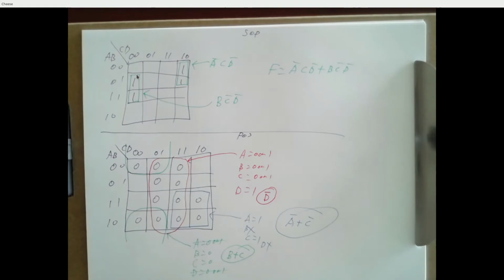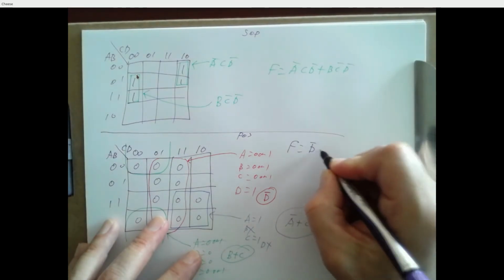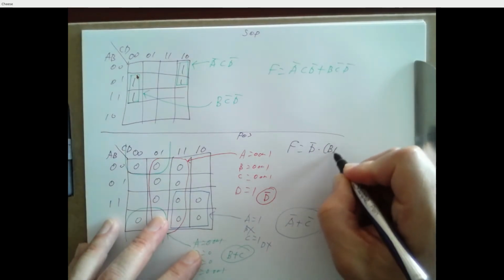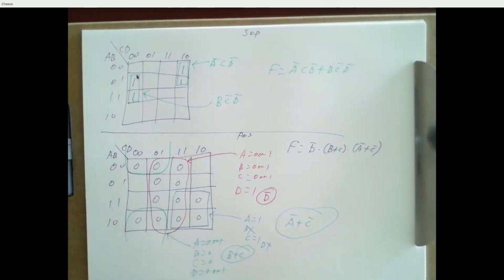So that blue rectangle is the max term A bar or C bar. Then you combine those by taking the product of each of those sum terms, so F is equal to D bar, ANDed with B or C, ANDed with A bar or C bar. So there's a minimized expression.